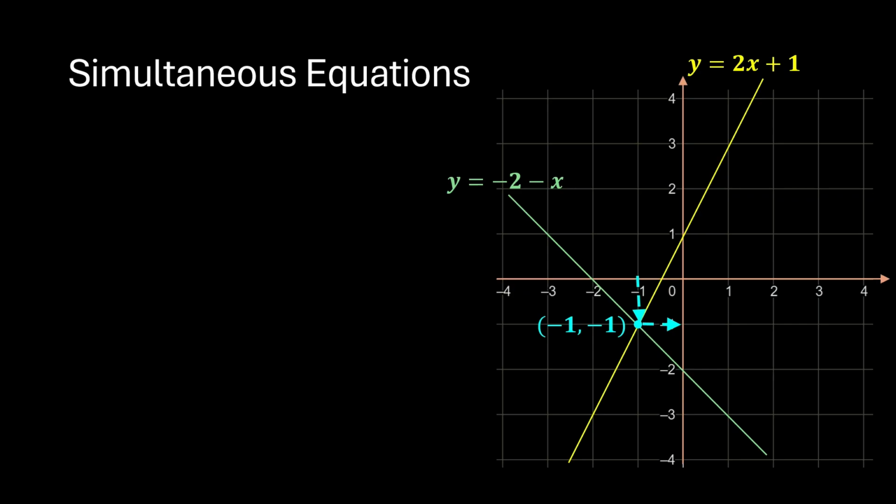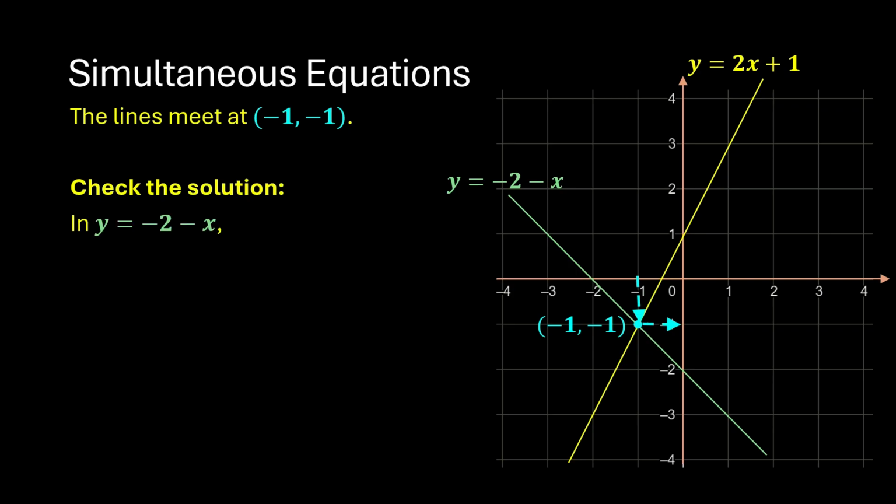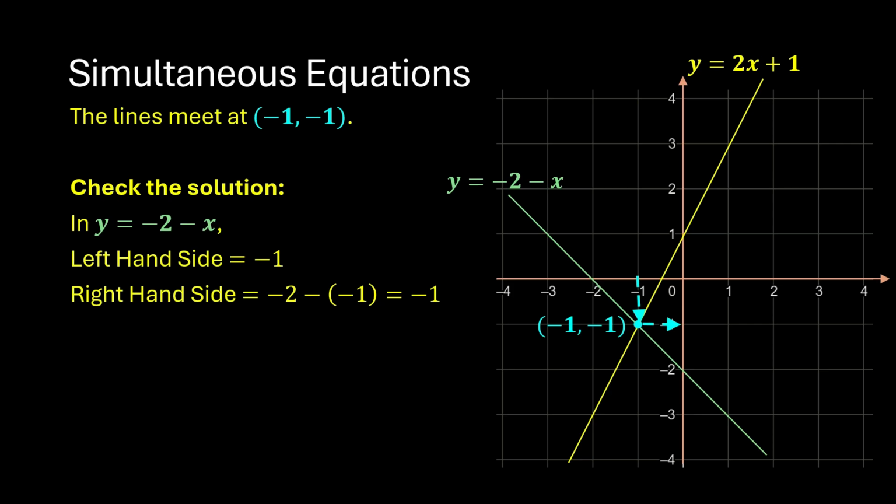Again, let's check that this solution is correct. We're going to substitute this value back into the equations to check that the values hold. So in y equals minus 2 minus x, the left-hand side equals minus 1, and the right-hand side equals minus 2 minus minus 1, which equals minus 1.